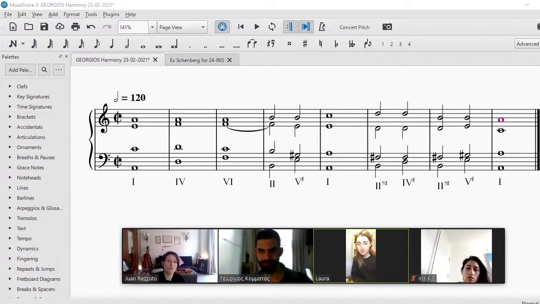Start from the most obvious one. Then you never omit the root. Yes, exactly. Very good. Never omit the roots. Now the third, yes, because why can we not omit the third? Because that usually brings the tone to the chord. Because without it, it just sounds a bit empty.